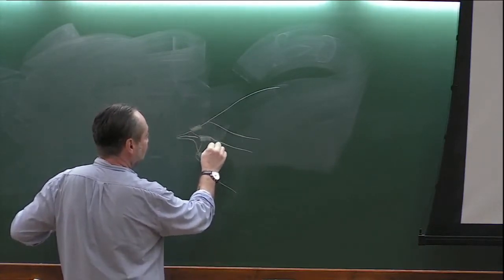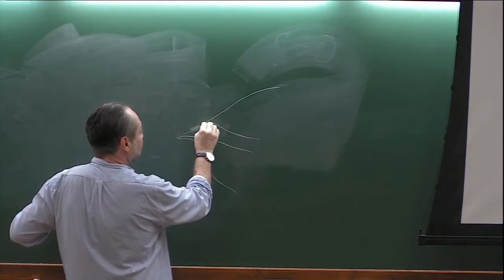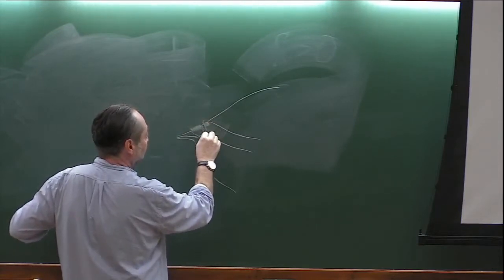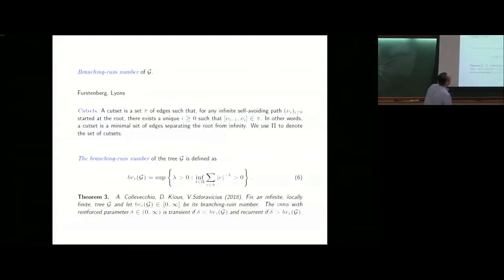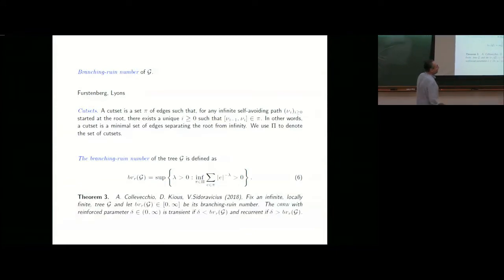So a cut set could be this one. This is a cut set, and this could be a cut set. So you look at all possible cut sets on the tree, and then pi is the set of all cut sets. So it's associated with the tree. Having this, you know already a lot.